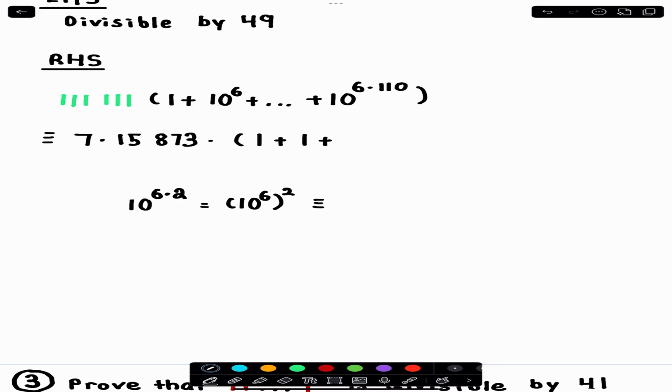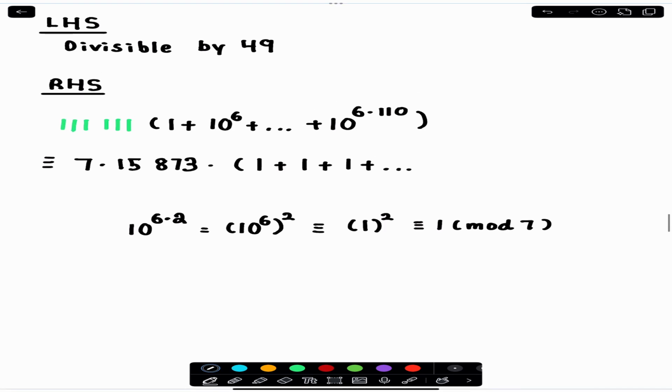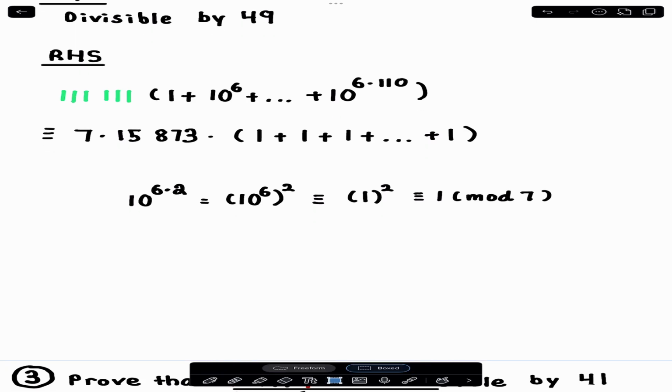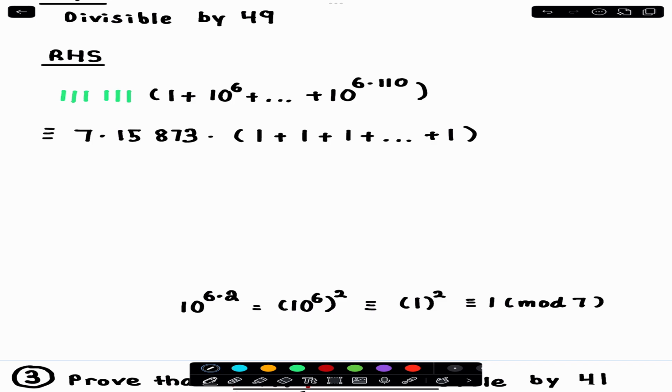So therefore, because 10 to the power of 6 is congruent to 1 mod 7, it would be congruent to 1 mod 7 as well. Similarly, everything is congruent to 1 mod 7. We're just raising 1 to a bunch of powers. I'm going to move this over here. And now let's take a look at what we have.